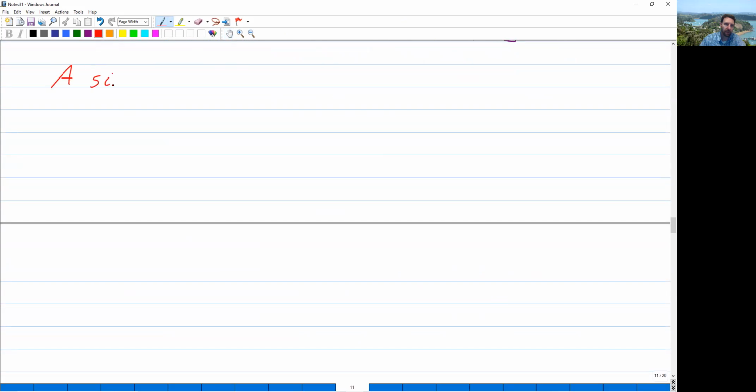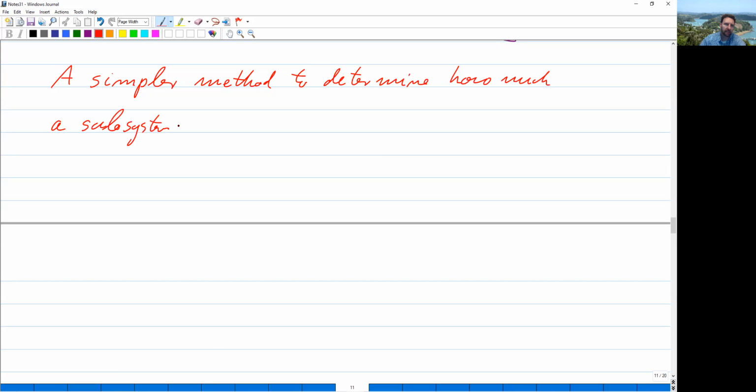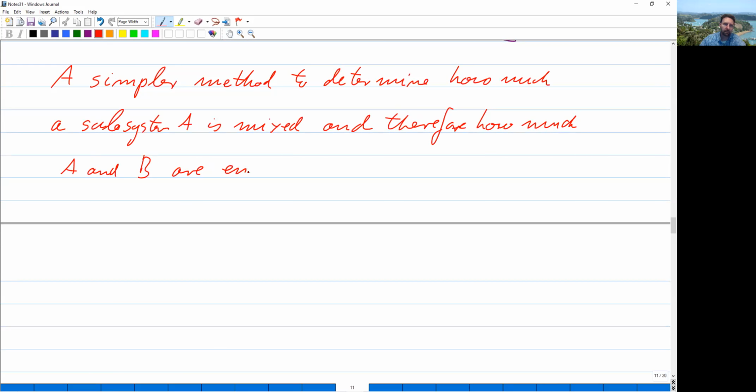So here is a simpler method to determine how much a subsystem, let's say A, is mixed, and therefore how much A and B are entangled.